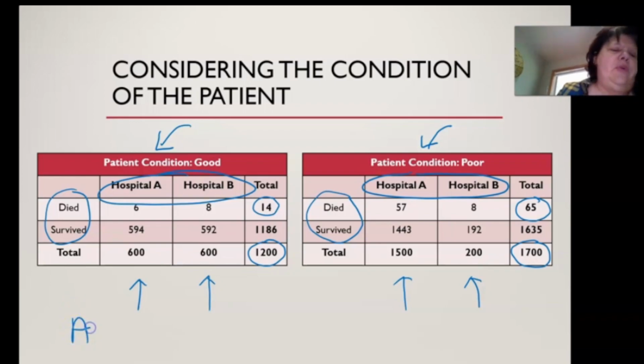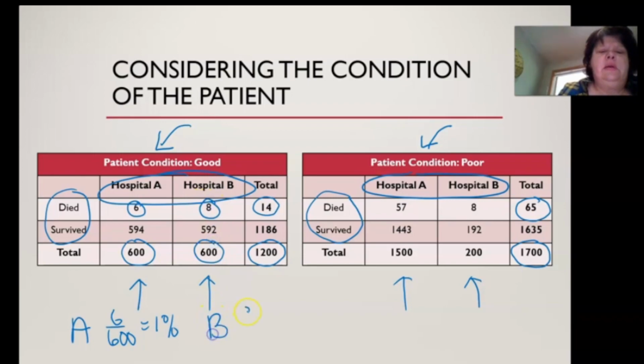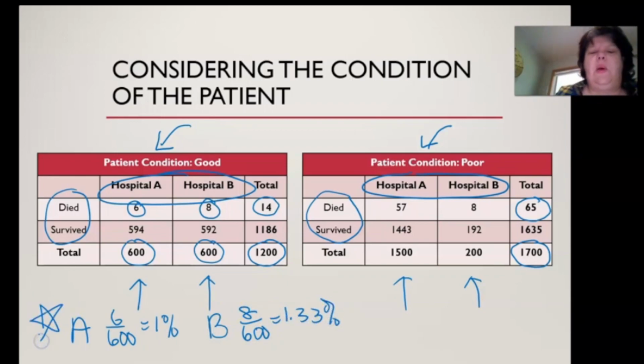Hospital A, for the good condition patients, has a death rate of 6 over 600, which is 1%. Hospital B's death rate is 8 over 600, which is a little higher. Granted, it's not a lot higher, but it is higher. So A's doing better, and guess what?